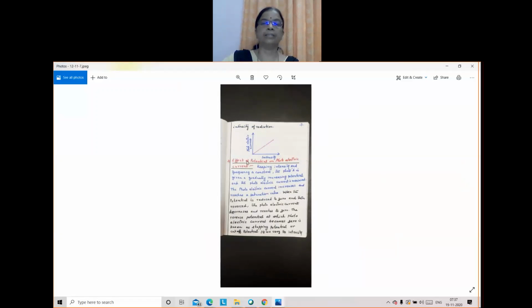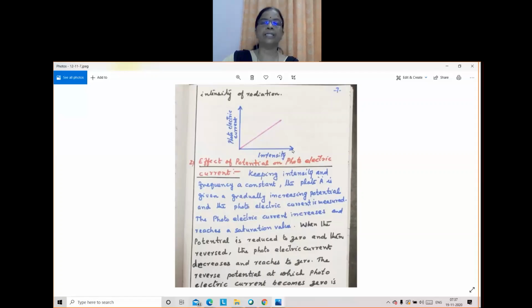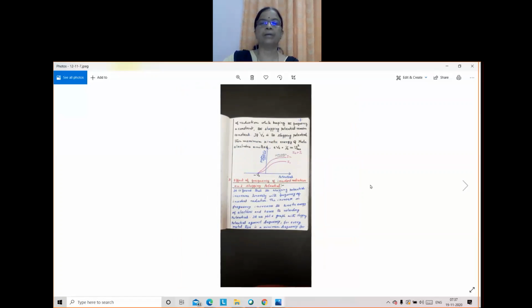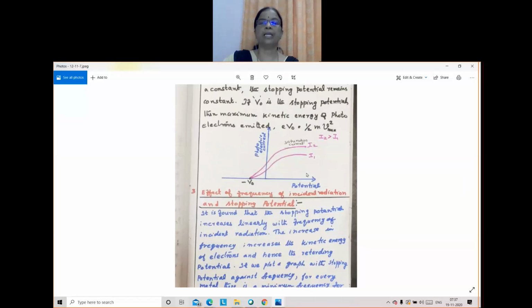As this is the graph, as intensity increases, photoelectric current increases. Okay, that I have explained. This graph you see, intensity is changed, but the stopping potential is same because we have not changed the source. Same source. Intensity increase, decrease, like that we have done.